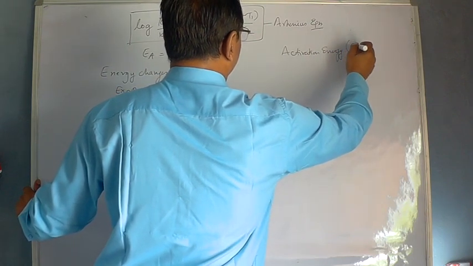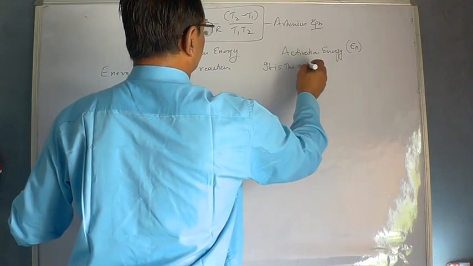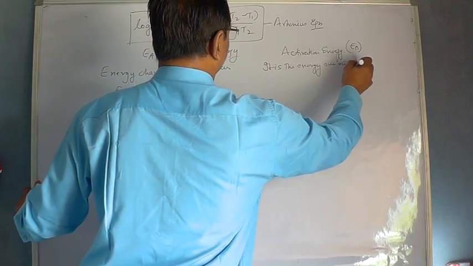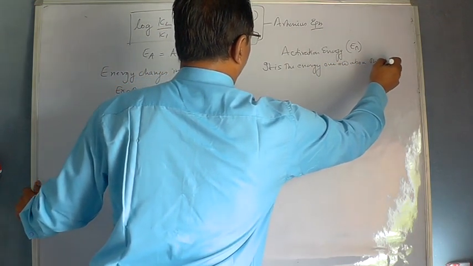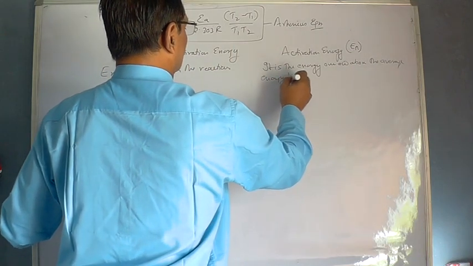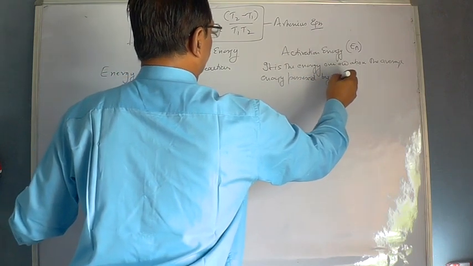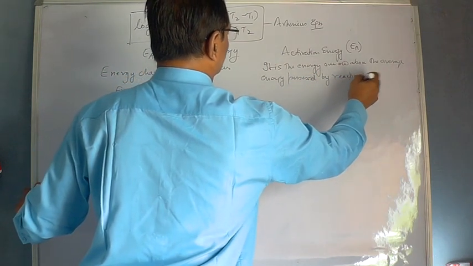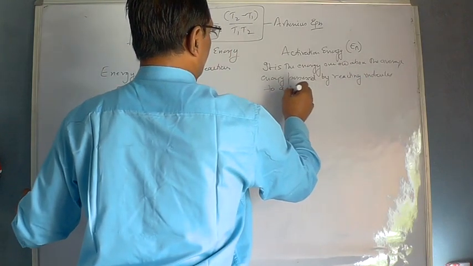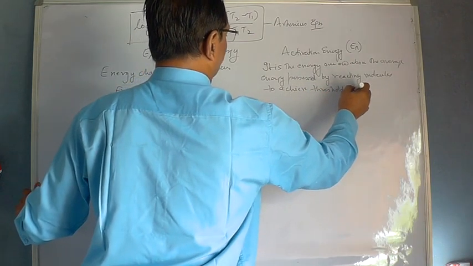Represented as EA. It is energy over and above the average energy possessed by reacting molecules to achieve threshold energy.